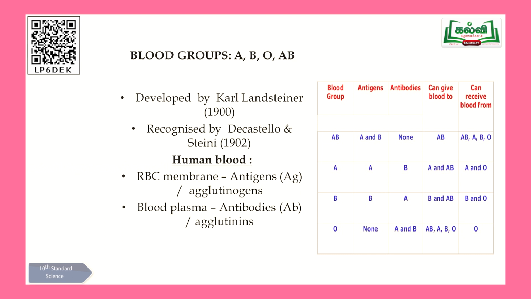Now look at the tabular column given there, children. Suppose a person is having, for example, I belong to B group. How do I say I belong to B group? First, when you go for blood checking, you know very well, they will prick your finger, take a drop of blood, and test it with antigen. Okay, for example, if you belong to group A, your RBC cell membrane will have antibody B, and inside the RBC, the plasma will have antigen A. You can see the chart, children.